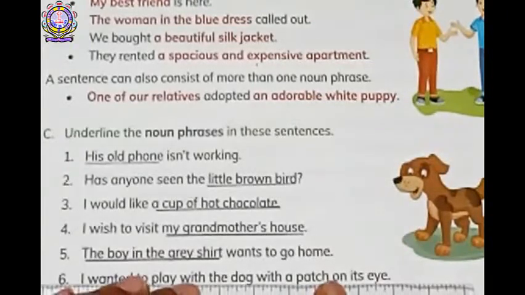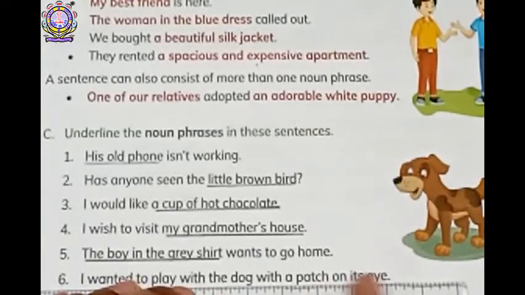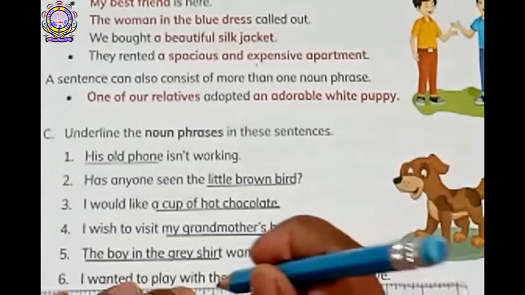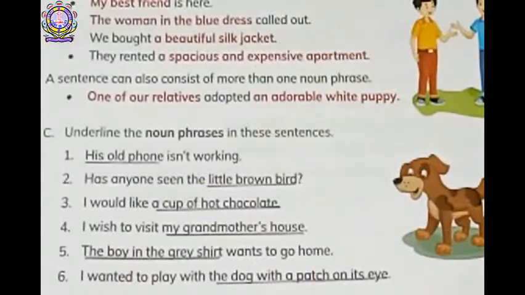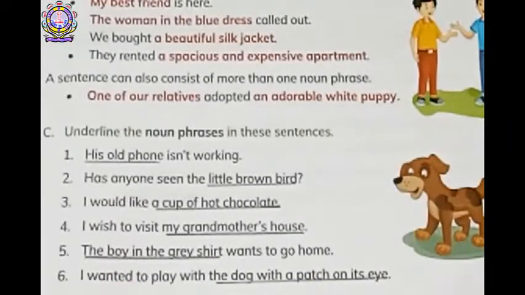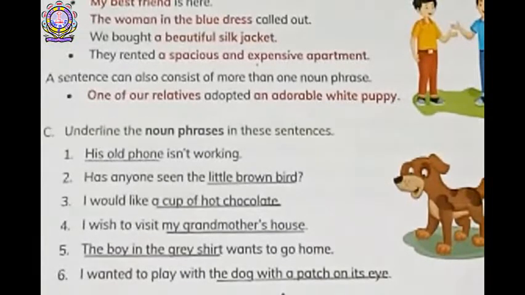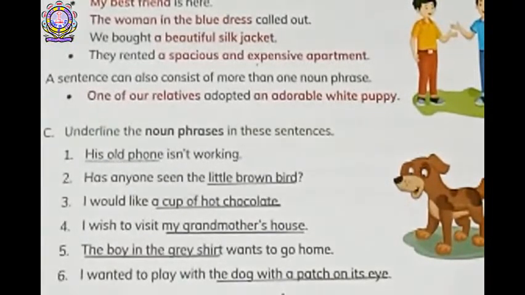So the dog with a patch on its eye. Yes. Okay students, now write neat and clean. Now we will turn the page and we will start completing our exercise D.